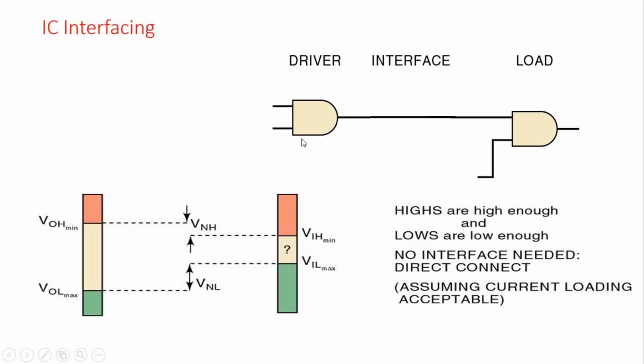This shows the voltage parameters for the interfacing. Here VOH and VOL are the output voltage, high and low. This is VIL and VIH. These are the input voltage, high and low. And after interfacing, we are getting this type of graph and the parameters.